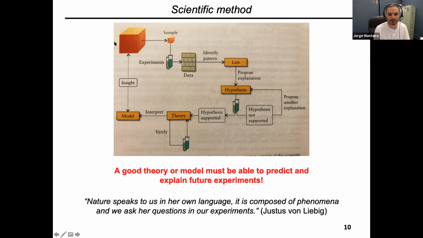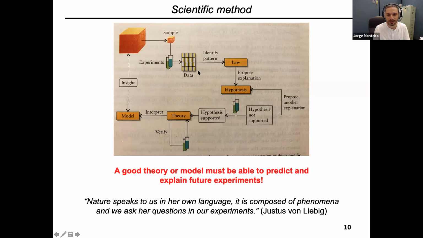In your observations, you are going to perform experiments, okay, using a small sample of your observation. Those experiments will provide you with data. So collecting good data is very, very important.